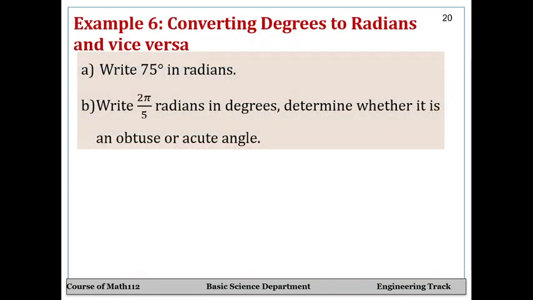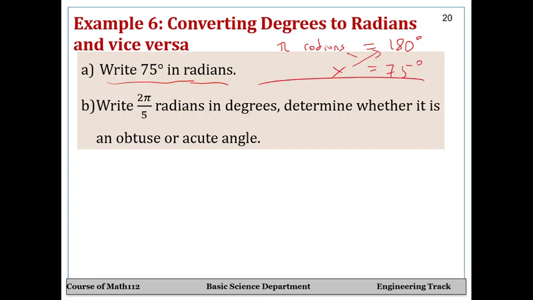Let's do this example. Write 75 degrees in radians. Now, you can use several ways to answer this question. One way is to use this equality here: pi radians is equal to 180 degrees. So 75 degrees is how many radians?